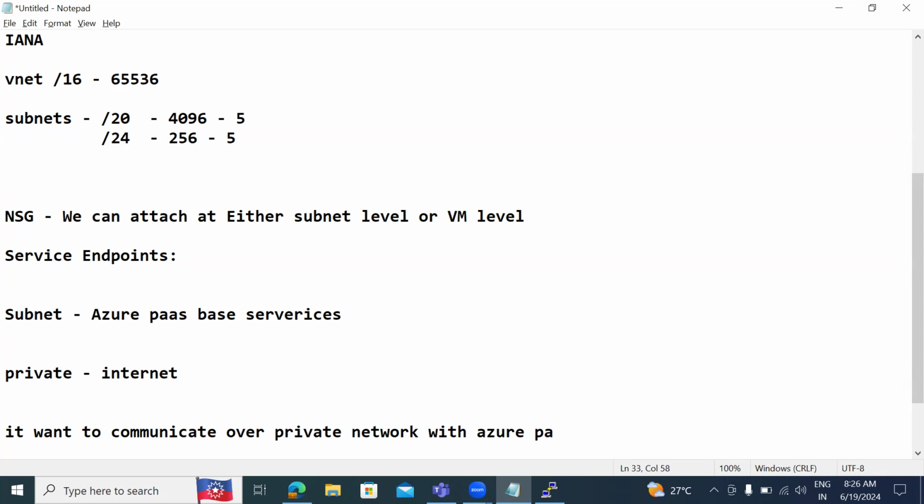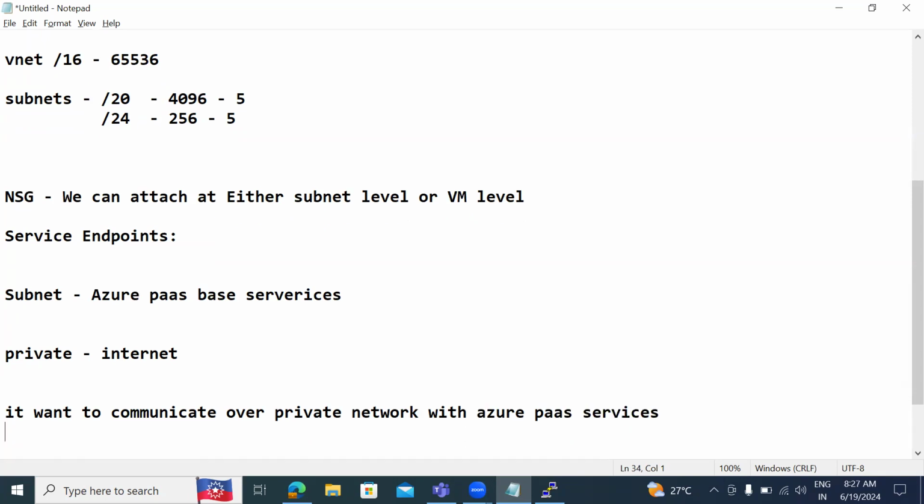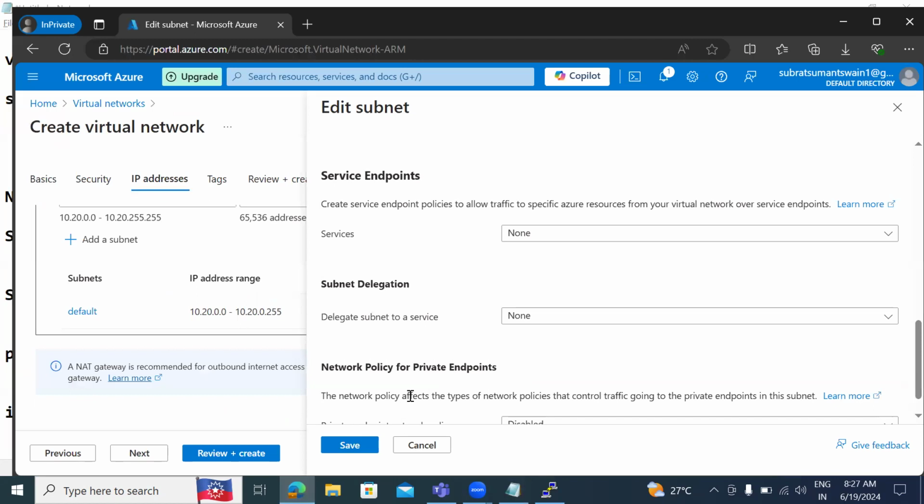What is the meaning of PaaS? Platform as a service. Azure internally provides a lot of PaaS-based services, and a private subnet, if it has internet, can access them. But the problem for our subnet is that we don't want to communicate over the internet.